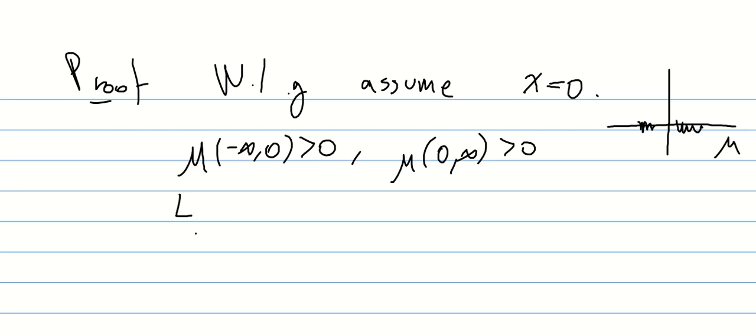So when you look at the Laplace transform of mu, as soon as there is some mass here, when you take e to a very large constant times x, this is going to diverge. So this is going to infinity as theta goes to plus or minus infinity.